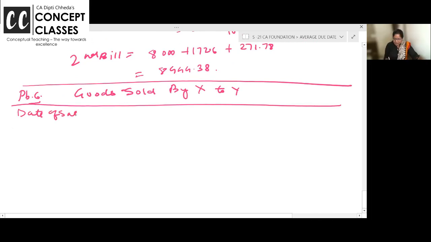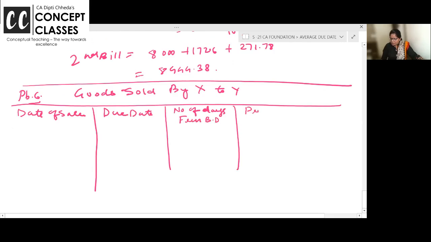Date of sale, due date, number of days from base date, amount, and then product.